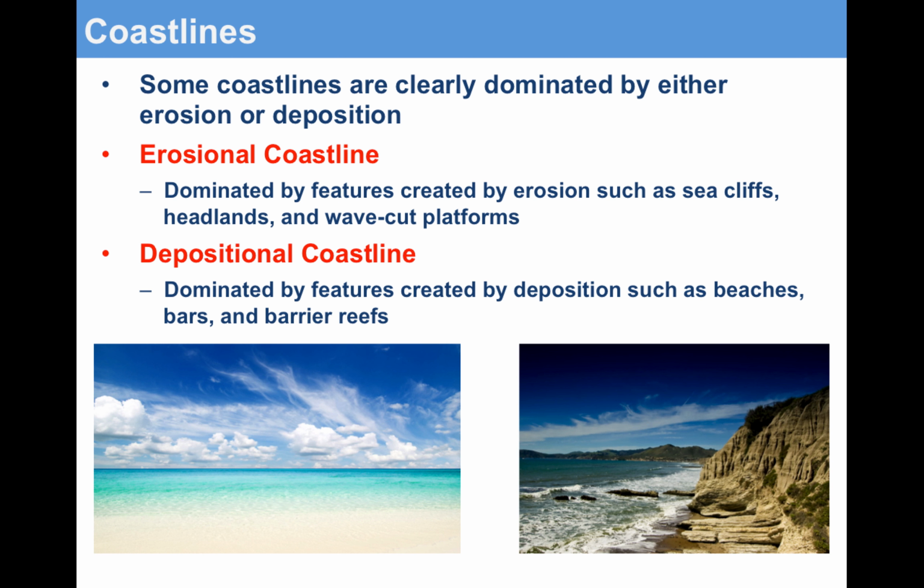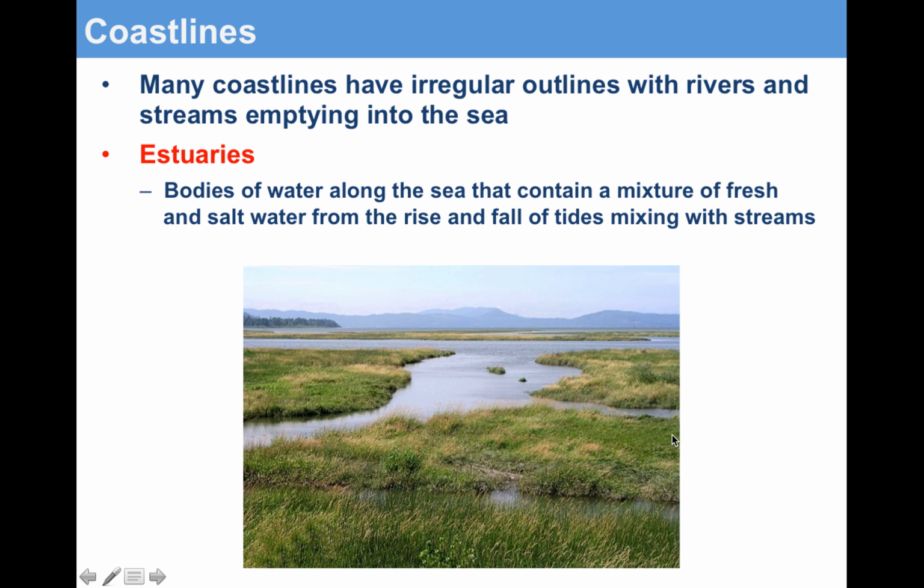Depositional ones will look much more calm, so we'll see beaches and sandbars, just like in meandering rivers. Point bars are the same things, all right, and barrier reefs. Which one is which? This one here on the left is the depositional coastline. This one is the erosional coastline.